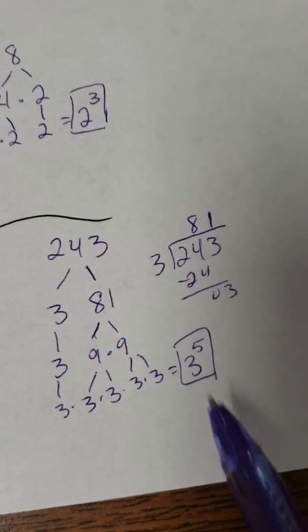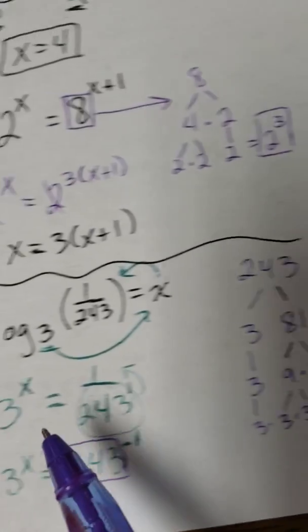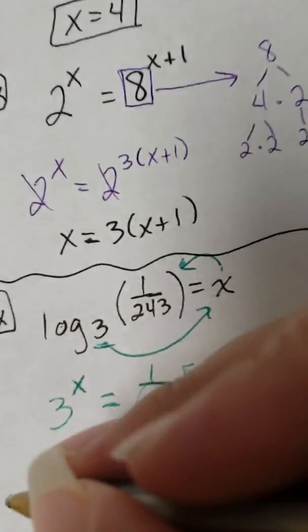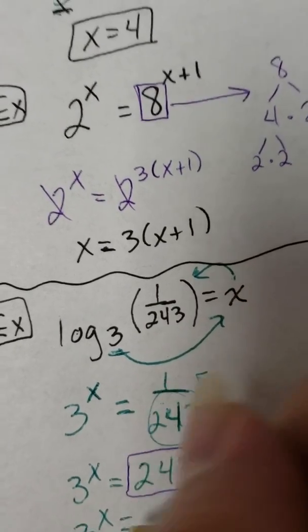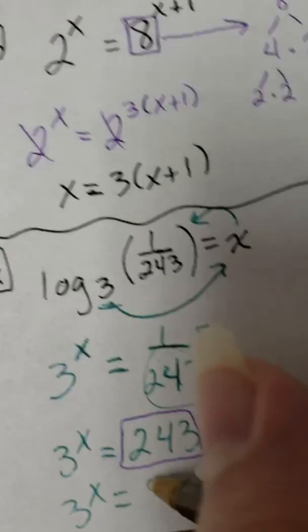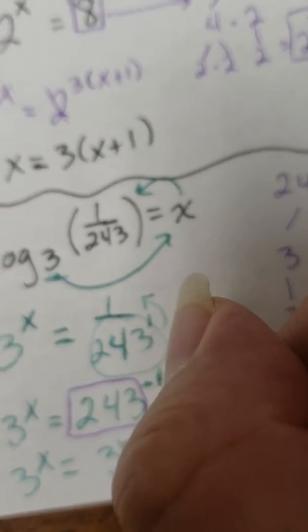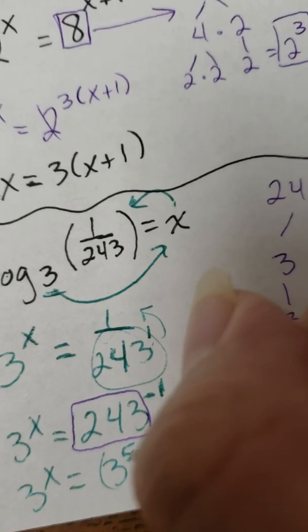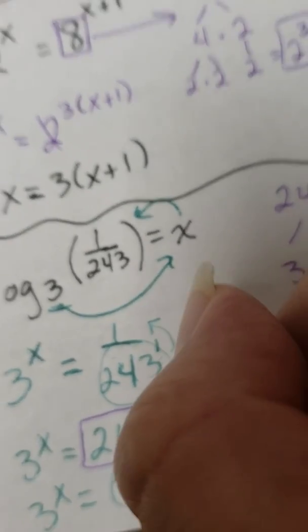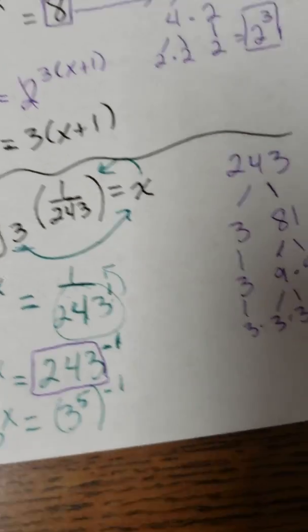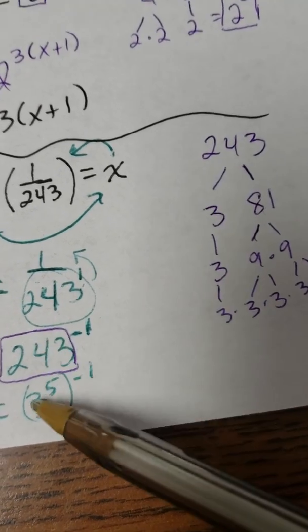Okay, so I'm going to replace this one with my 243. So now my new equation, I'm almost out of space here, is 3 to the x is equal to 3 to the 5th power. Okay, and then there's still that negative 1 right there. So I just replaced this 243 with this.